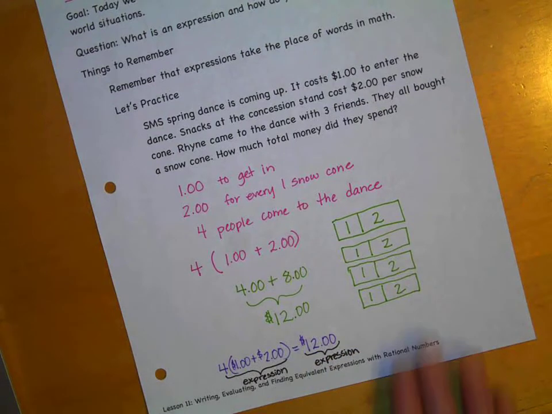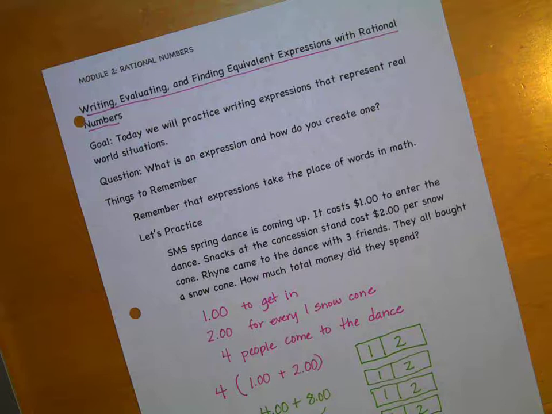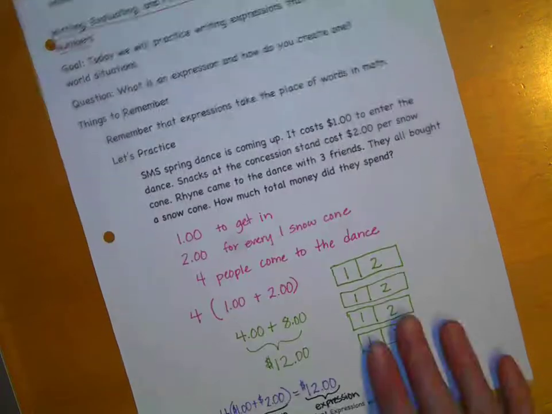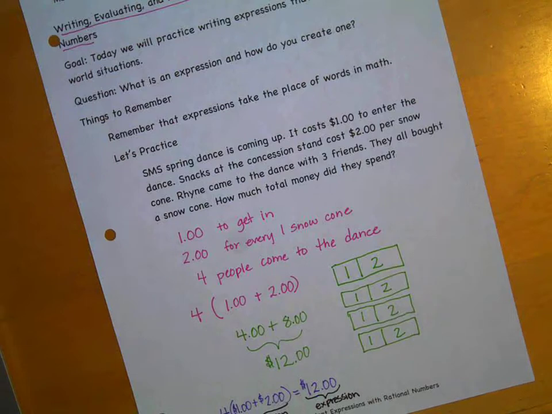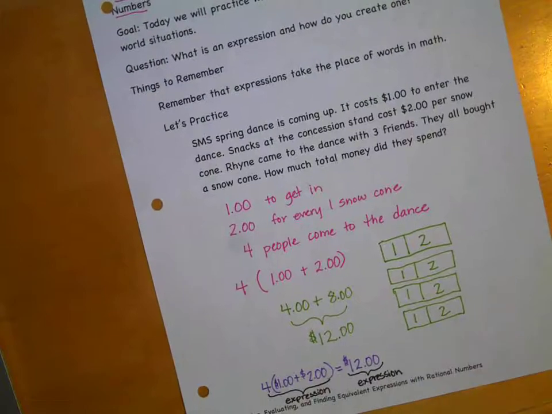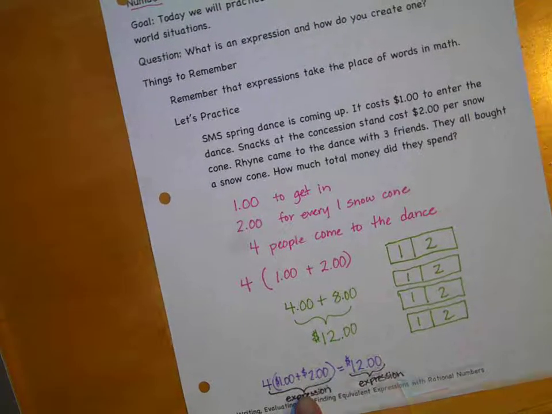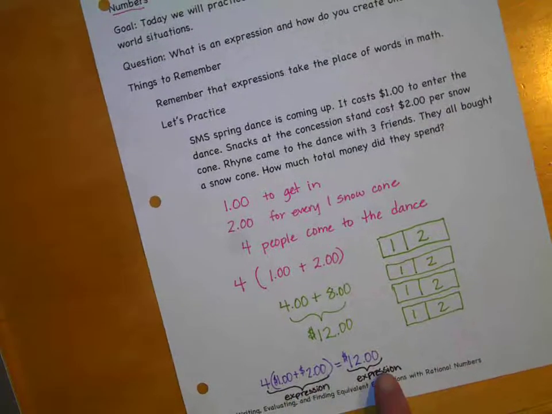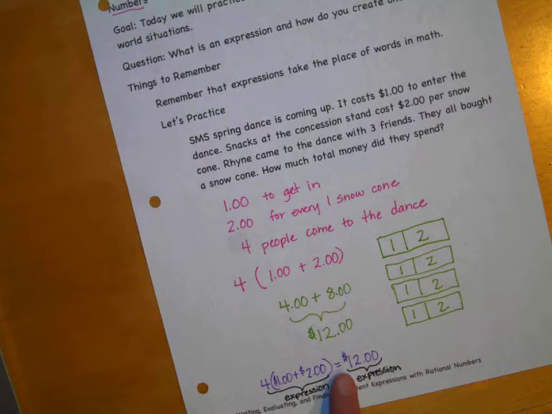So we were able to do that with our goal. So our goal for today, we will practice writing expressions that represent real-world situations. We totally did that with the dance at SMS. What is an expression and how do you create one? An expression is a number sentence with symbols and no equal sign. So this right here is an expression, and this right here is an expression.